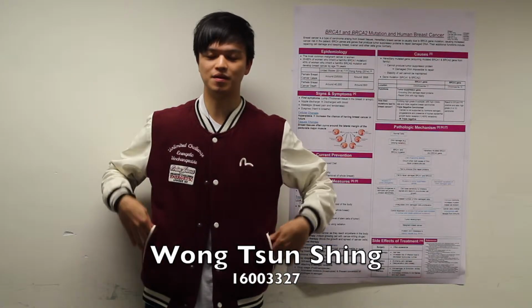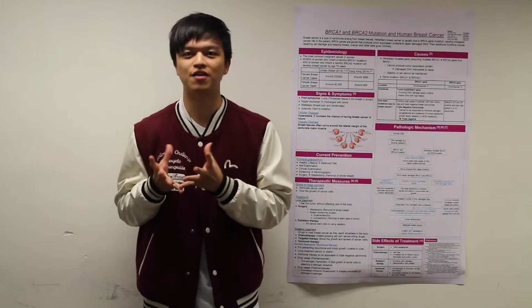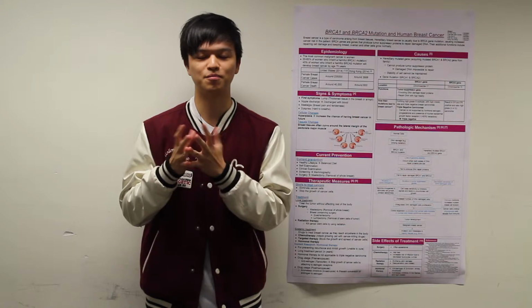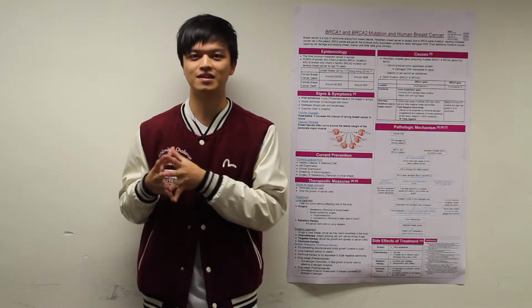For the pathologic mechanism, I will briefly introduce it now. We have normal breast cells, and they undergo DNA damage, for example damage by ionizing radiation, and then the genes inside the cell will be damaged, for example the BRCA1 and BRCA2 genes.